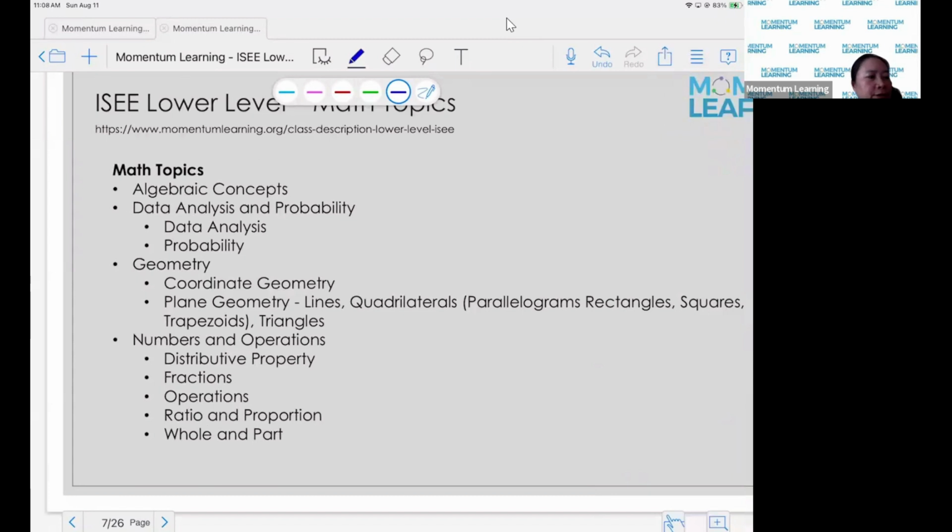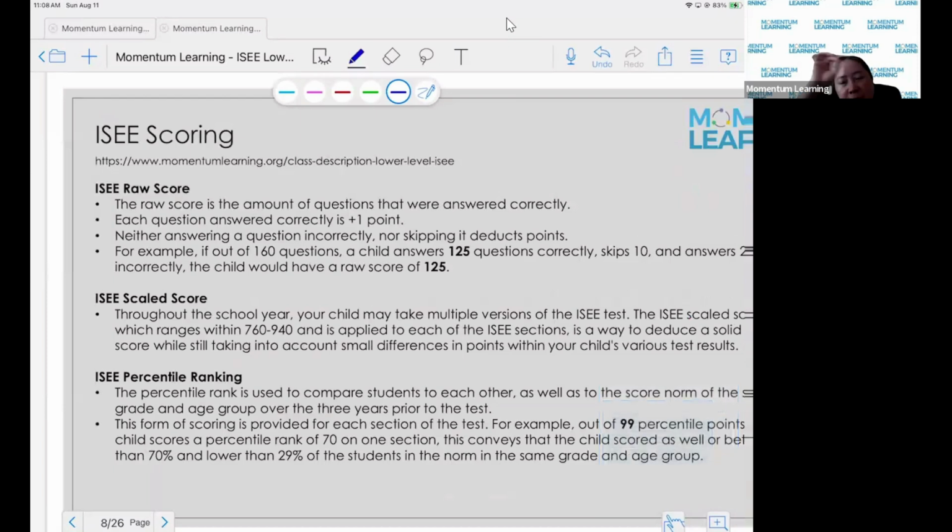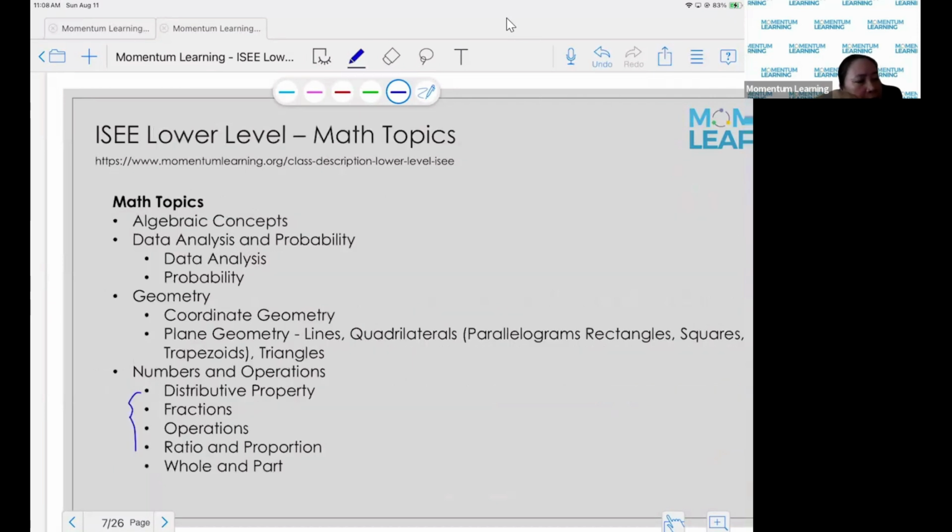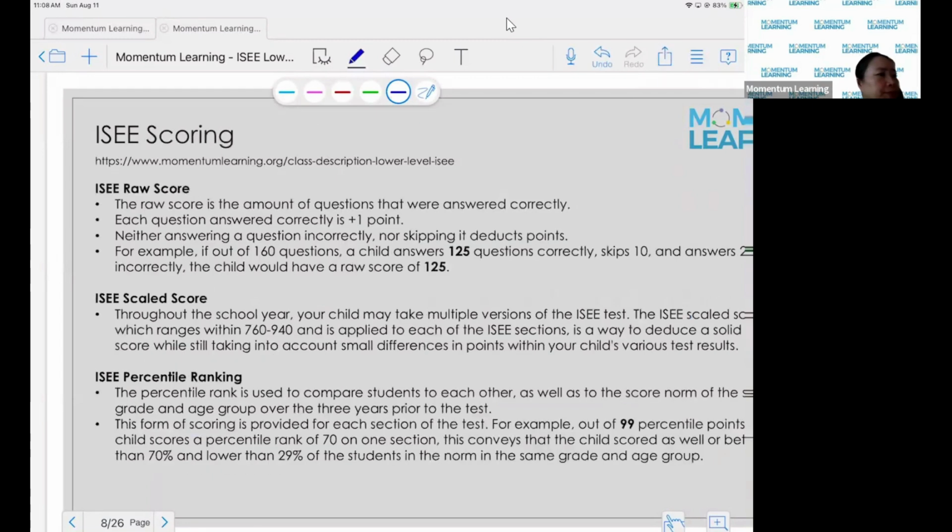And we also have numbers and operations, including all those topics here. In our lesson, we split that into 40 small topics, so all those topics will be covered, and we'll cover all the ISEE requirements.